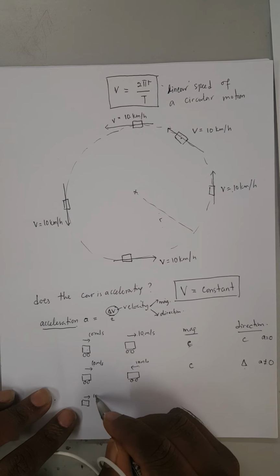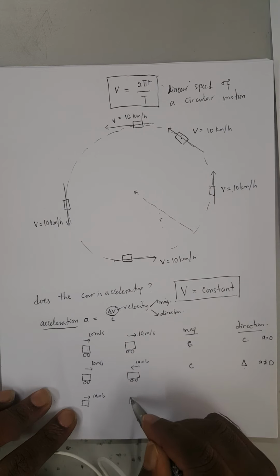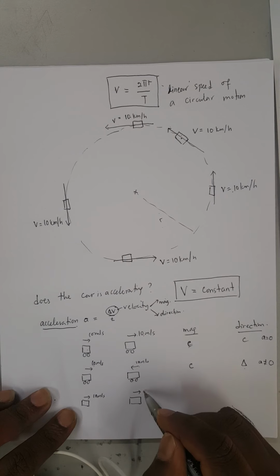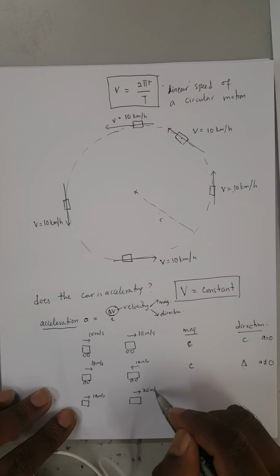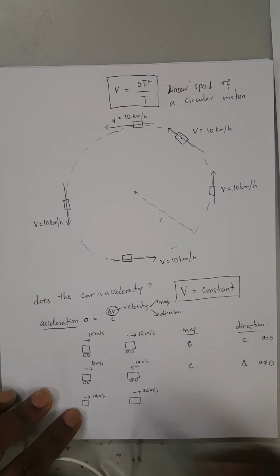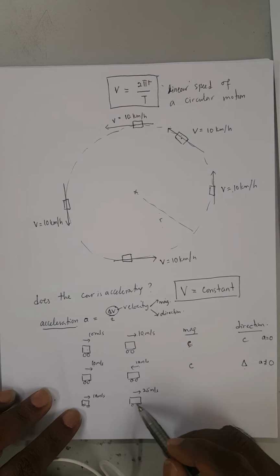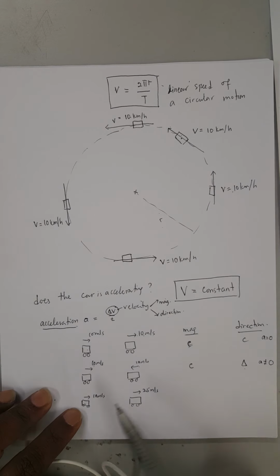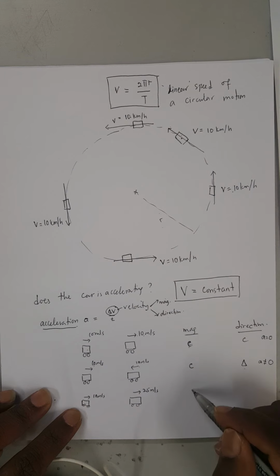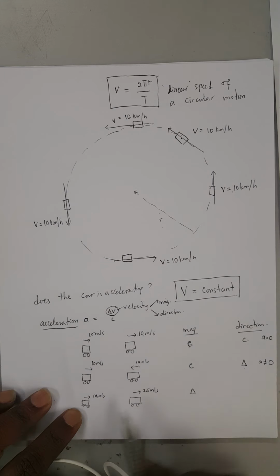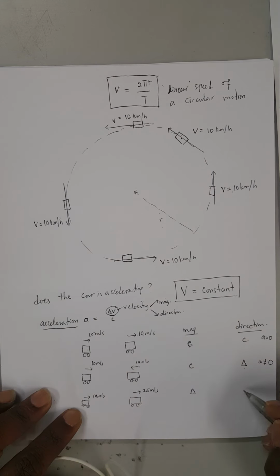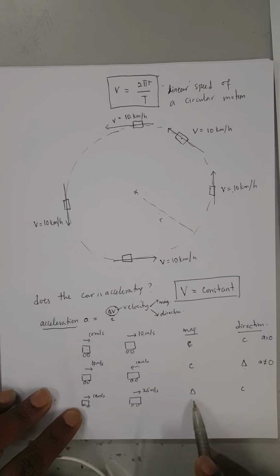Initially it's moving at 10 meters per second, and then it reaches a speed of 25 meters per second. For this case, the magnitude changes from 10 to 20, and the direction to the right is constant. Since the magnitude changes, the acceleration is non-zero.